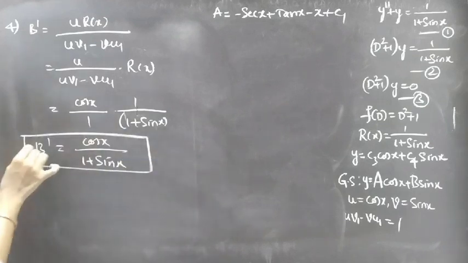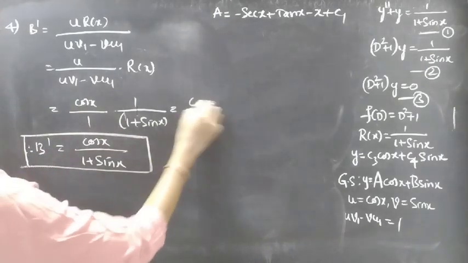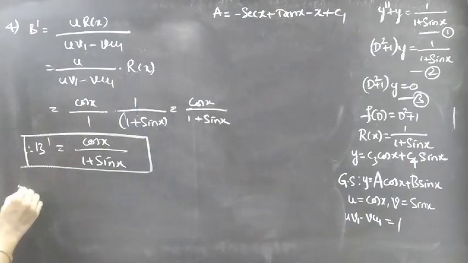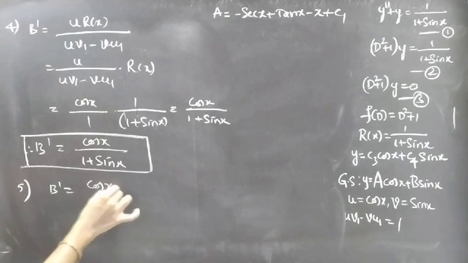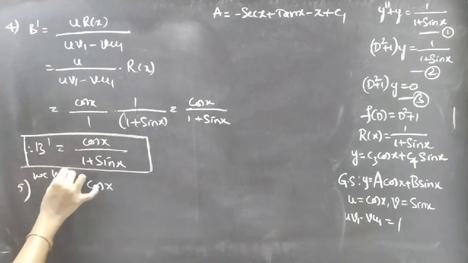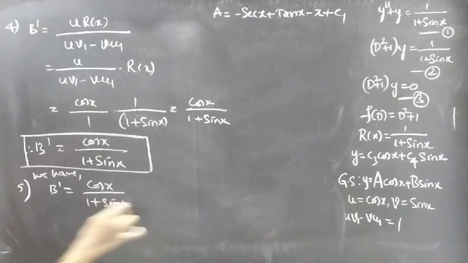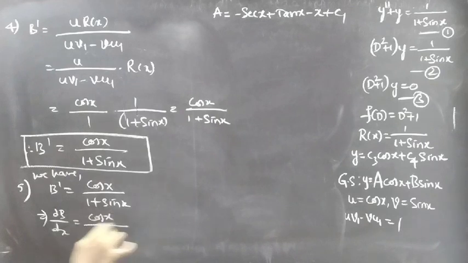Let's now find B using B dash. We have B dash equals cos x by 1 plus sin x. B dash is nothing but the derivative of B with respect to x. Let's take the differential dx to the RHS.